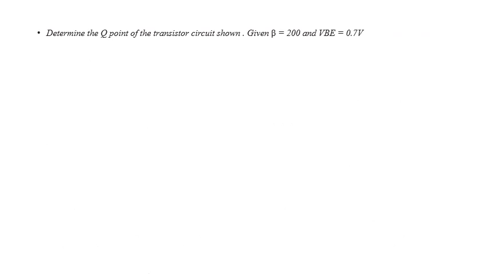Now again determine the Q point. Next question: determine the Q point of the transistor circuit shown, and here beta is given and VBE is equal to 0.7. The only things given are beta equal to 200 and VBE equal to 0.7 volt, which means it is a silicon transistor, and our circuit is like this.